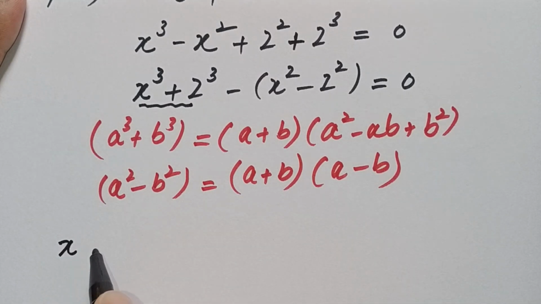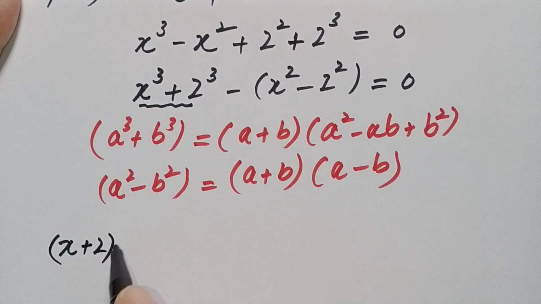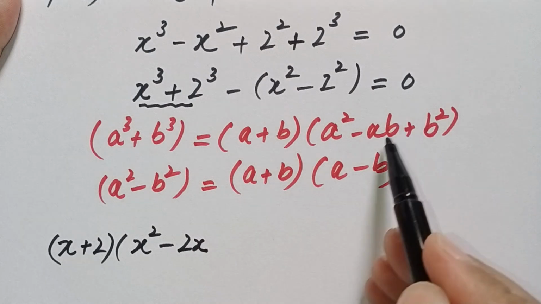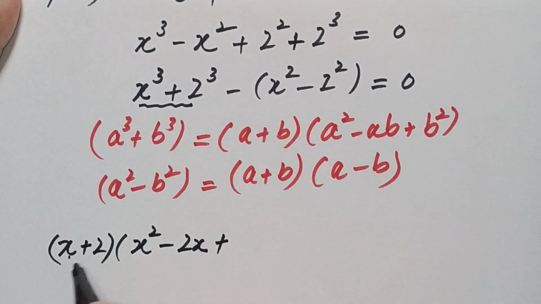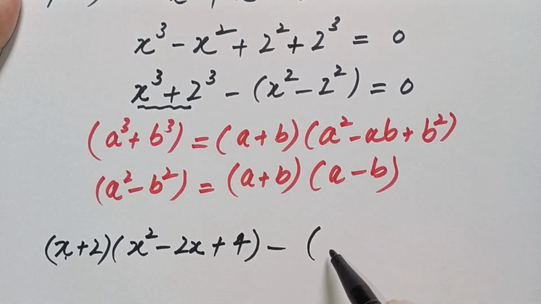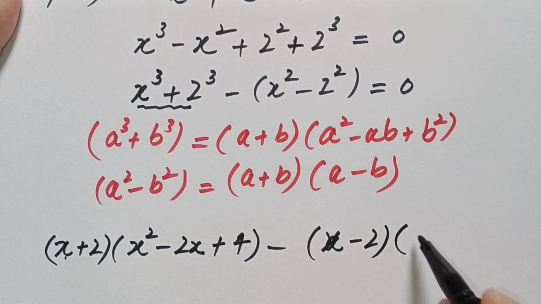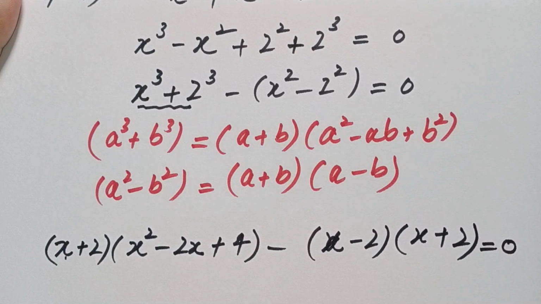When we use these identities, our expression will become x plus 2 times x square minus 2x, because ab is 2 and x, and plus 2 square is 4 because here b is 2, minus x minus 2 times x plus 2, is equal to 0.